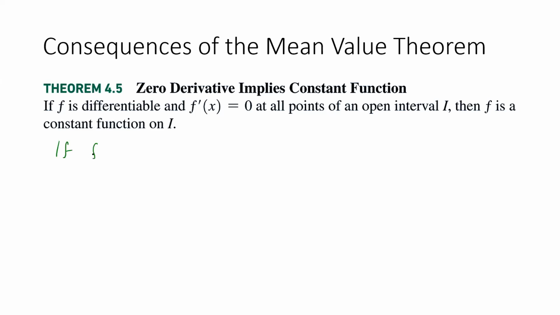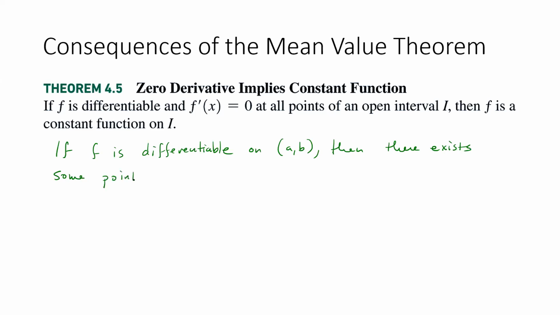Assuming f is differentiable on some interval AB, then we know there exists some point C with f prime of C equal to f of B minus f of A over B minus A. Since we know by the assumption here that the derivative is always equal to 0, f of B minus f of A over B minus A will equal 0.